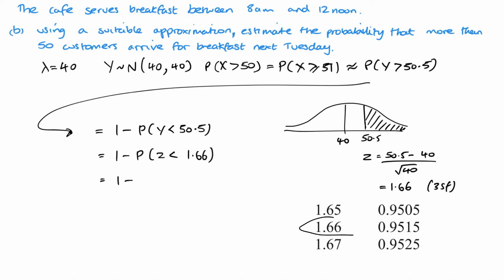Here you can see my 1.66 gives me 0.9515, and 1 minus that is 0.0485. Oh, sorry, I missed out a 0 there. 0.0485. There we are. And that is a good enough answer there. That's from the tables.